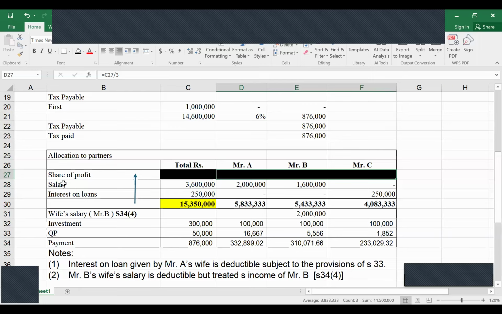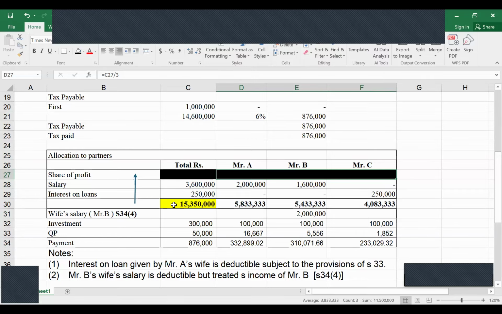Salary paid to Mr. A 2 million and B 1.6 million, total is 3.6. Interest on loans paid to Mr. C 250, that should become the total income. Now we know two lines, then we know the total line also.